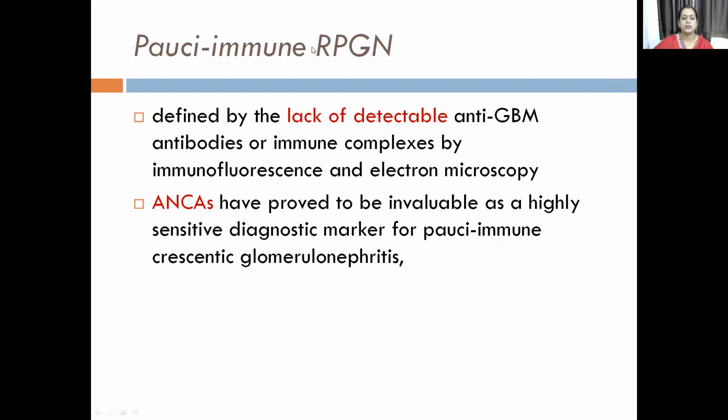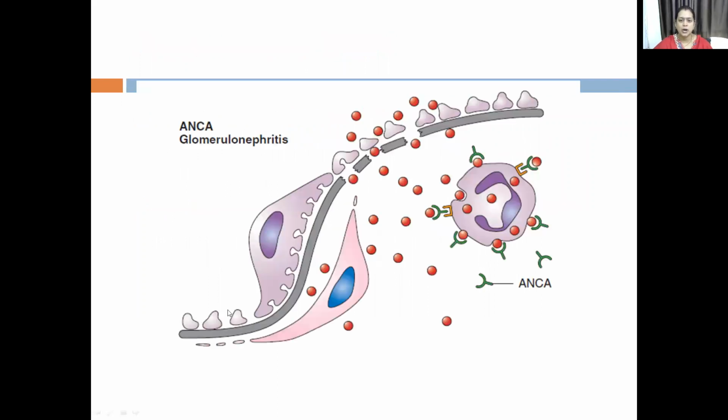This is the diagnostic marker. So, how is the ANCA glomerulonephritis? I told you there is no antigen-antibody deposition we are seeing, either subepithelially or subendothelially, and no glomerular basement membrane antibodies are seen.